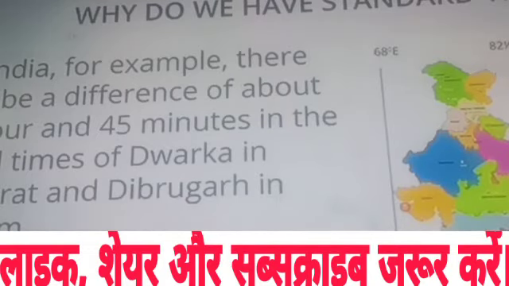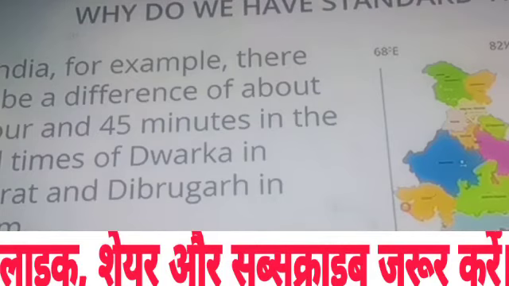If we look at the map of India, in India, the longitude of 82 degree 30 minutes east is treated as the standard meridian. Why? Because it passes through the center of the country.